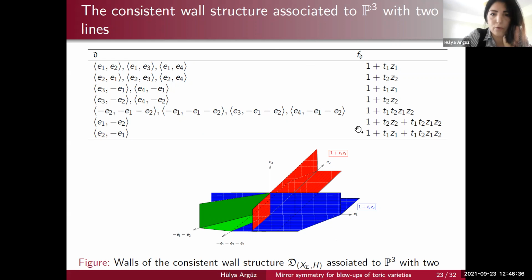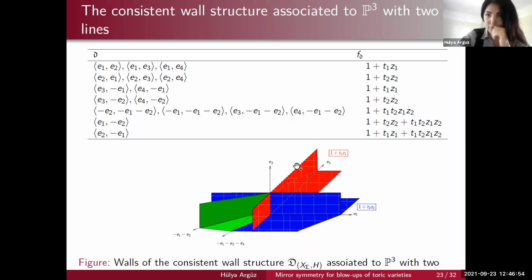You just correct it by adding a wall with a function 1 plus that monomial or 1 minus that monomial. So the algorithm tells you at each step what wall to add to decrease the divergence. But here you see there are things of the form 1 plus something plus something.